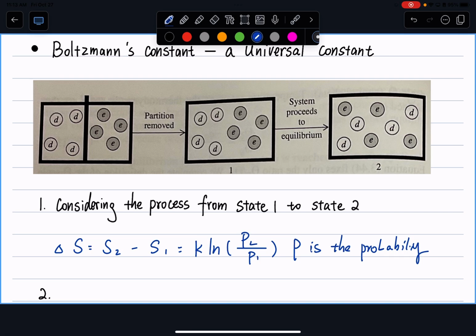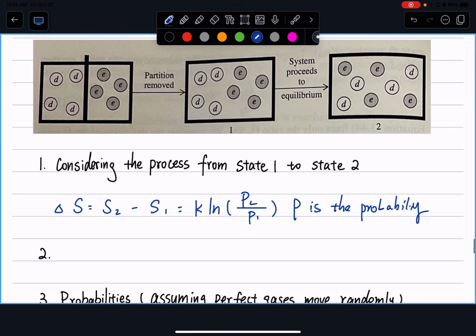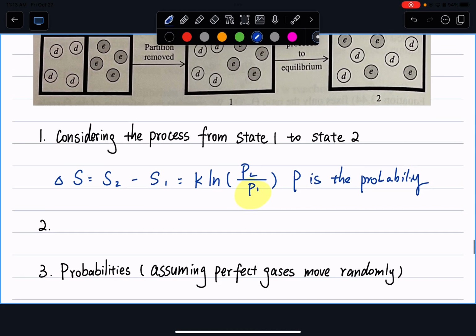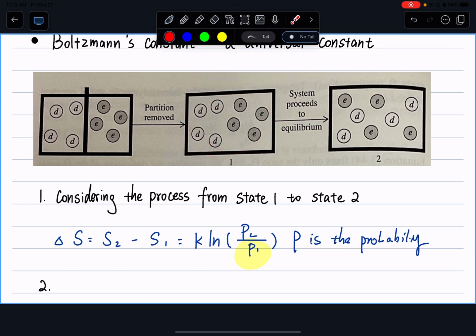So how do we calculate probability in this case? Let's look at P1 first. In P1, what we are saying is half your gas molecules just happen to be on the left half, and the other half of your gas molecules happen to be on the right half.